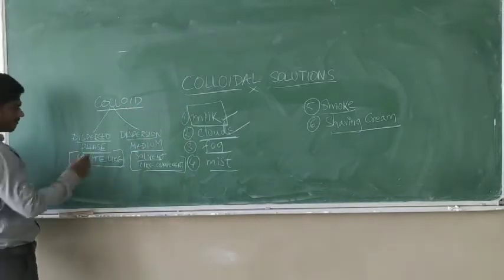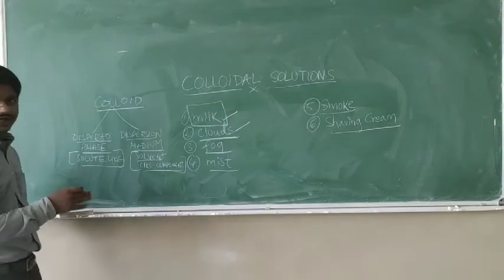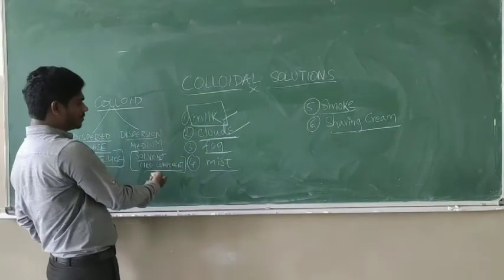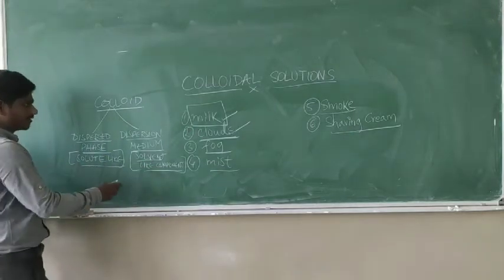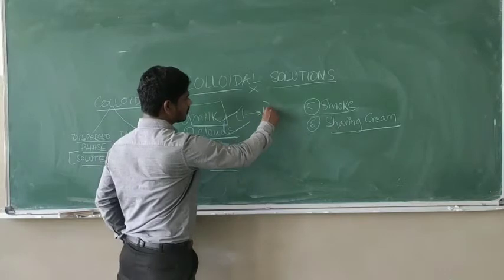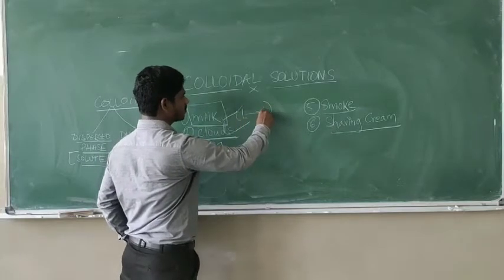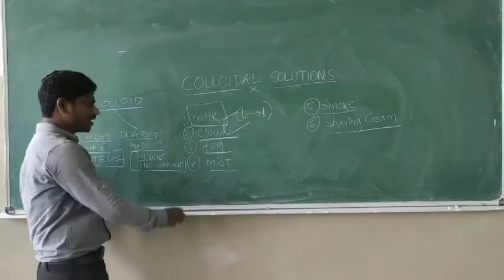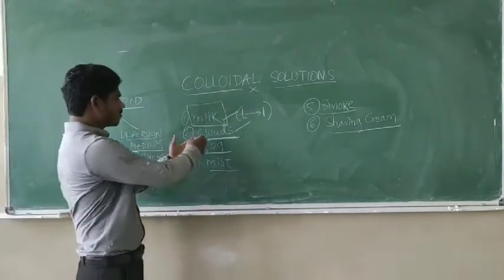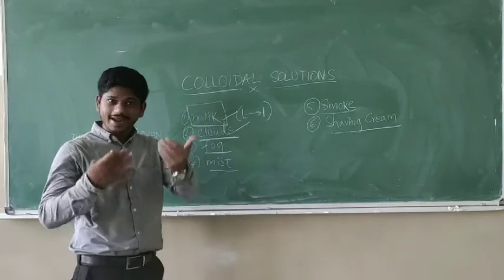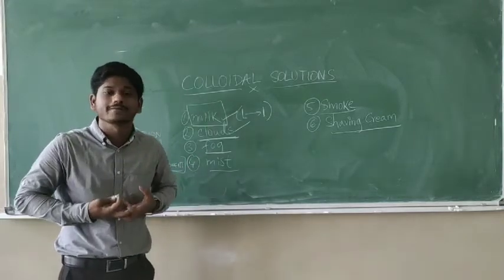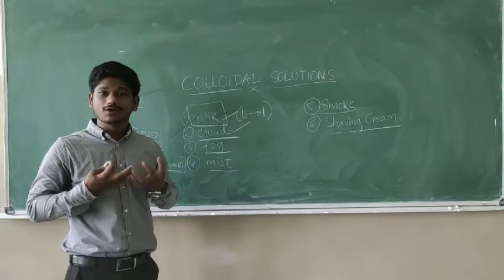If you take milk, the particles of the milk are in the form of a liquid, so liquids are dispersed into liquid. If you take clouds, what are you going to get from the clouds? You are going to get rain, right? So the clouds are holding water molecules.